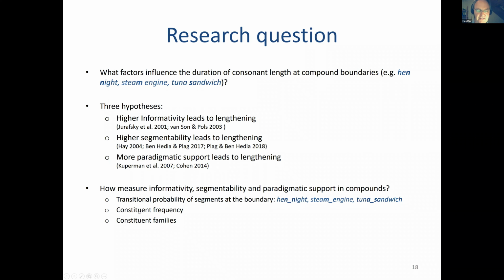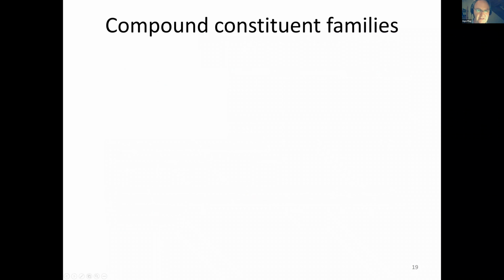Of course, if a constituent is highly frequent, it is not very informative. So, for example, the compound, the so-and-so thing is highly frequent, and it's not very informative as a word. And there's another nice measure of both informativity, paradigmatic support, and also of segmentability, actually, and that's constituent families. And I will briefly explain to the non-specialists among you what a compound constituent family is.